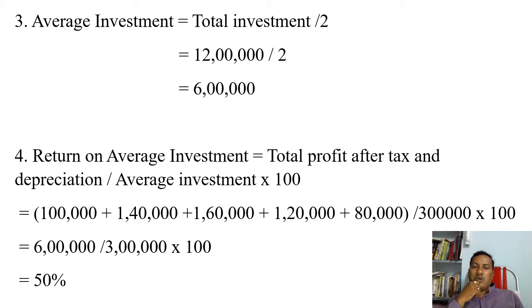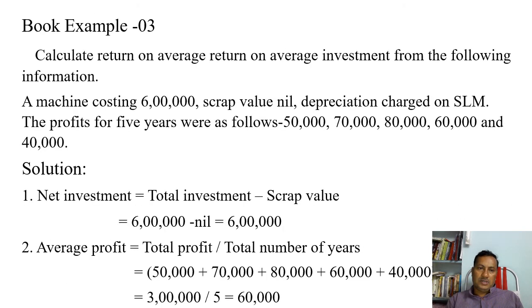So return on average investment is equal to total profit after tax and depreciation divided by average investment. Total profit is 6 lakh divided by average investment 6 lakh into 100, that's 100%.